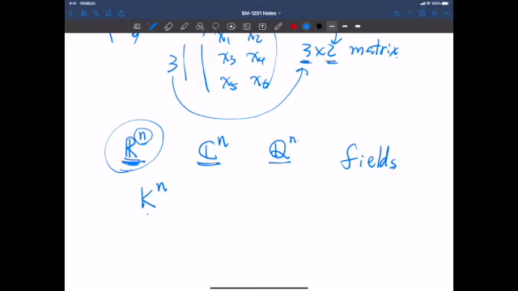Okay, so there can be some other fields, right? Other than real numbers or complex numbers or rational numbers. But whatever the field is, we can define vectors based on that field.